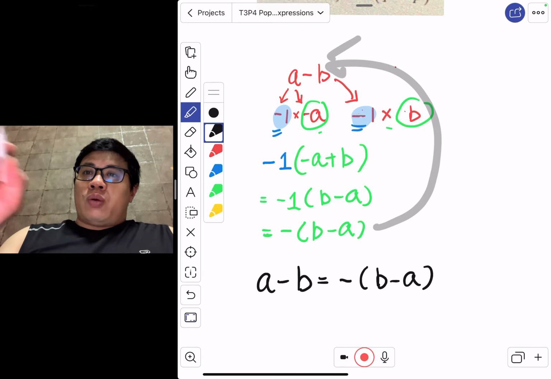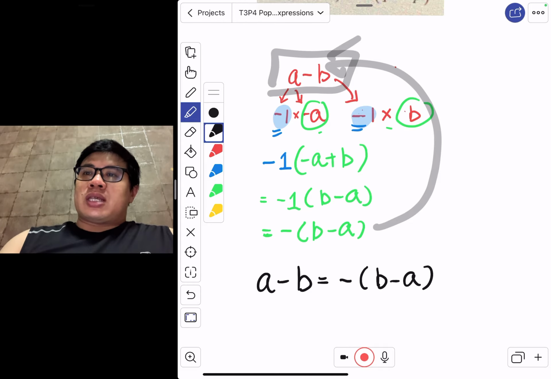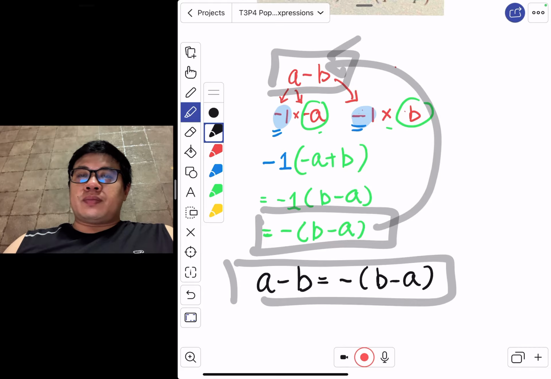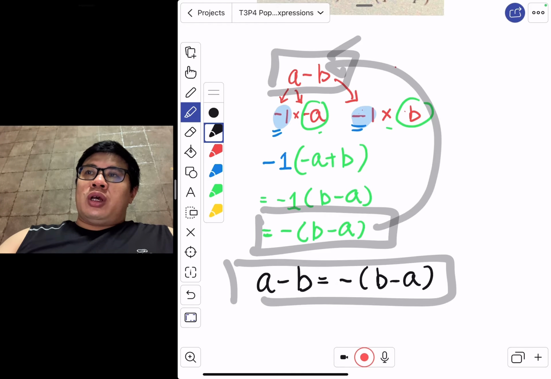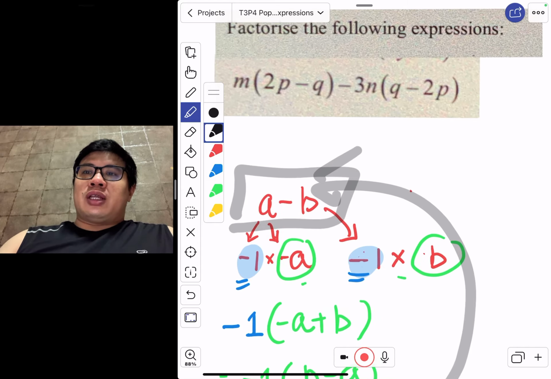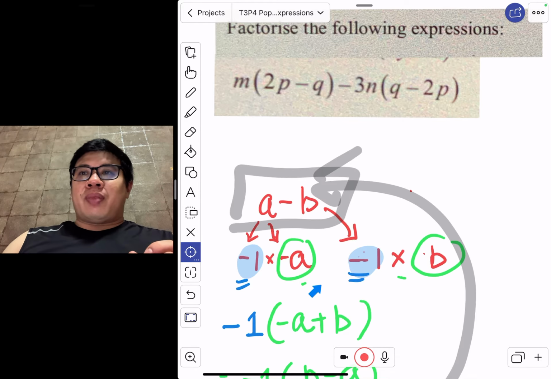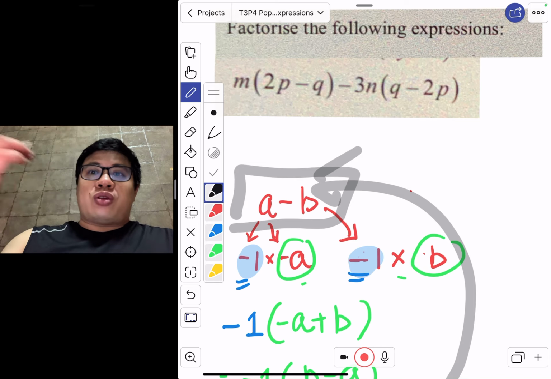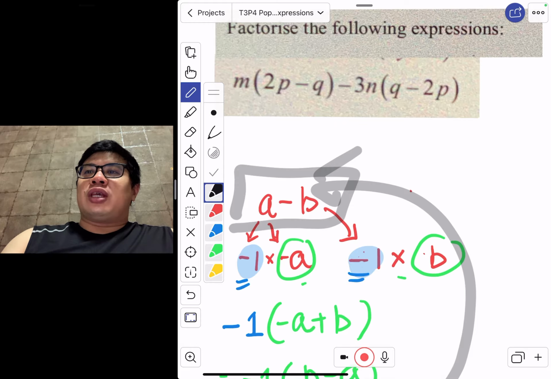Once again, a minus b is the same as the negative of b minus a. How does that help you? If you look at this question, you can employ this technique when the two terms are in opposite sequence to each other. With three terms it is not so easy, so think carefully.